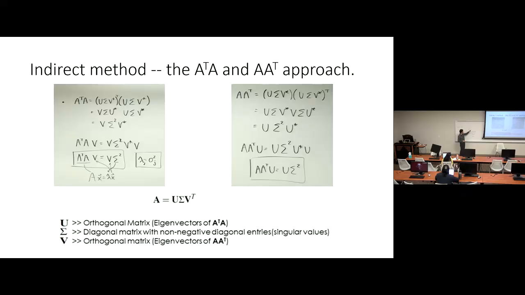So this indirect method will do this first, then do the eigendecomposition and make this into V lambda U, and make this into V lambda 2. So you do two eigendecompositions in order to get U and V.